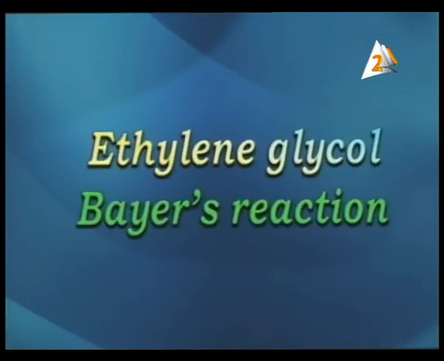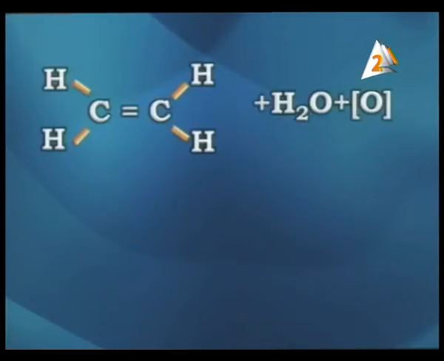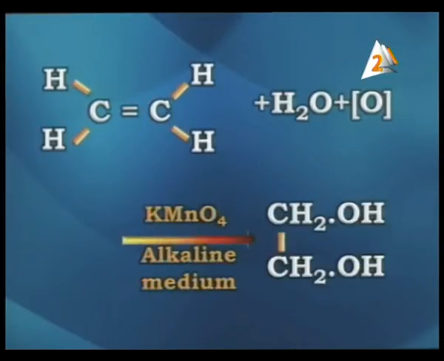Here it will be ethylene glycol and the name of the reaction will be Baeyer reaction. As the equation proceeds on the screen, ethylene CH2=CH2 plus H2O plus O in the presence of potassium permanganate in alkaline medium gives CH2OH-CH2OH, which is ethylene glycol.